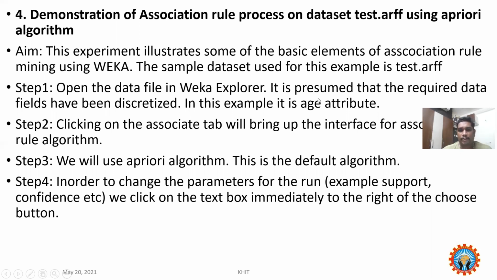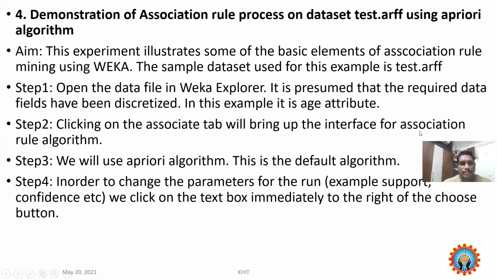In step two, clicking on the Associate tab will bring up the interface for the association rule algorithm. We will use the Apriori algorithm, which is the default algorithm. In order to change the parameters for the run, we use support and confidence. These are the two interesting measures for data mining on a particular data set.